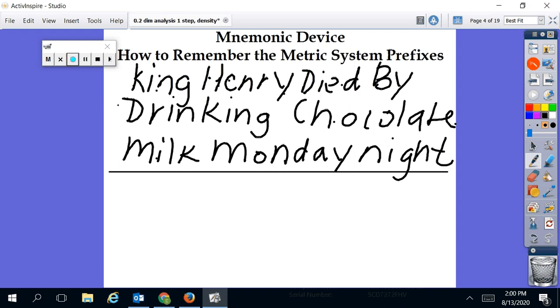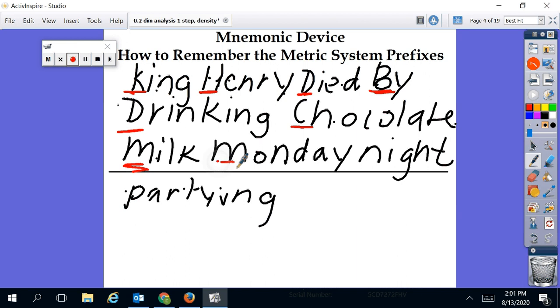Okay, King Henry died by drinking chocolate milk Monday night partying. So write that mnemonic statement down in your notes, and then make sure you underline each of the capital letters because they are going to be the important part of our number line. Okay? So pause the video, write that down, and then I'm going to erase that.